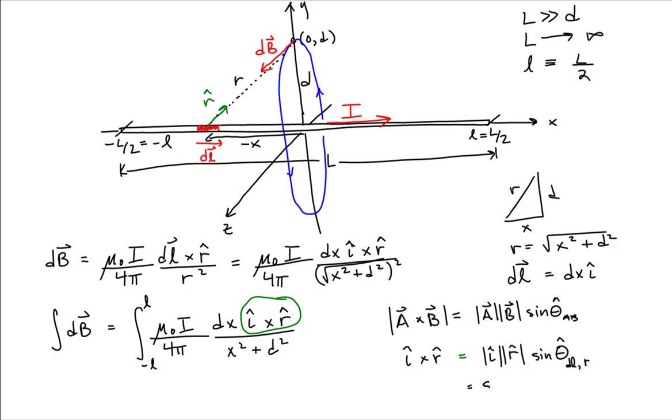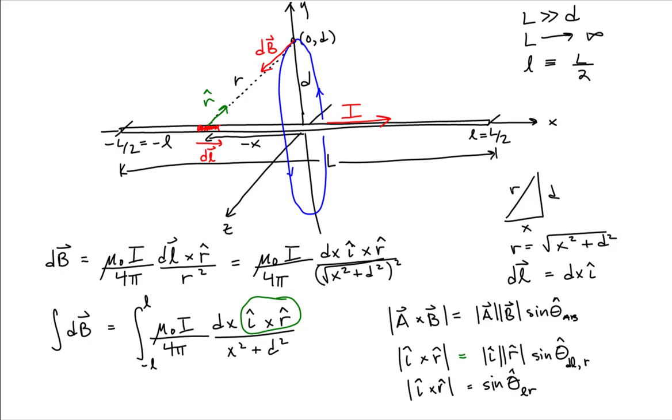Well, then this is just sine of theta, and let me just go ahead and call that theta LR, just a few less variables to write. So the magnitude of dl hat cross r hat is just equal to the sine of the angle between those two vectors. Okay, so what two vectors are we looking at?